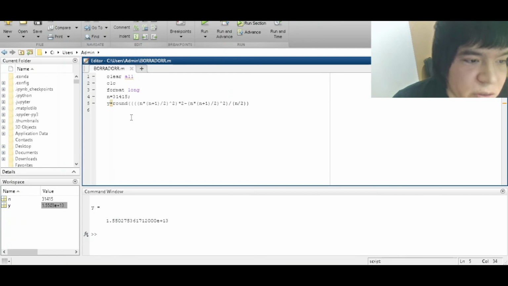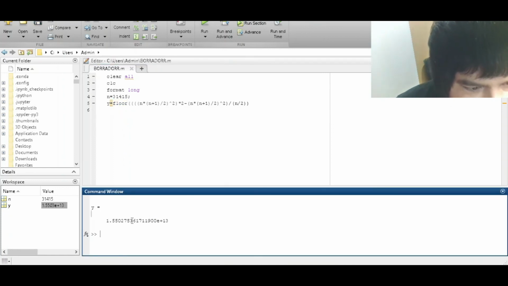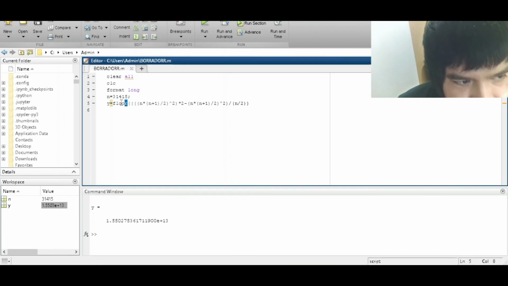Okay, so I just noticed that if I use floor, then I get a weird answer here. So probably it's ending here and then it's like 0.4 or 0.3 when the answer is actually 20. That could be fixed because this is not floor, it's actually round, the answer that we should be working with. And in this case it's working.